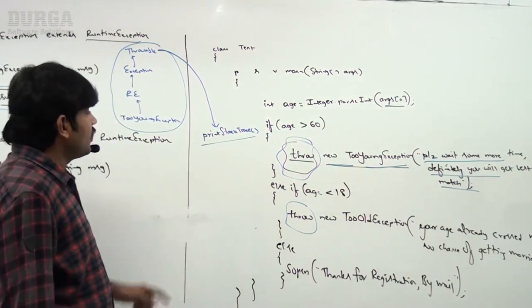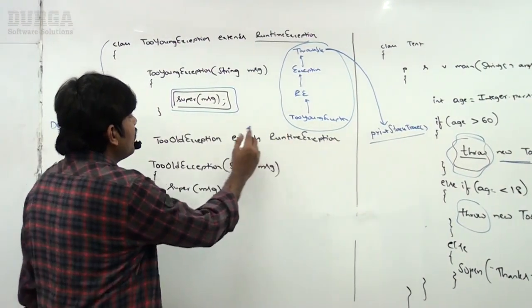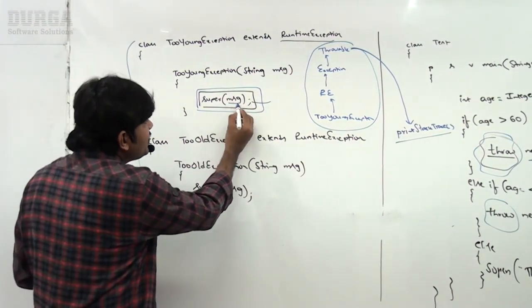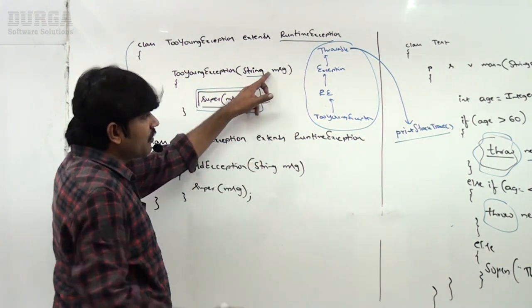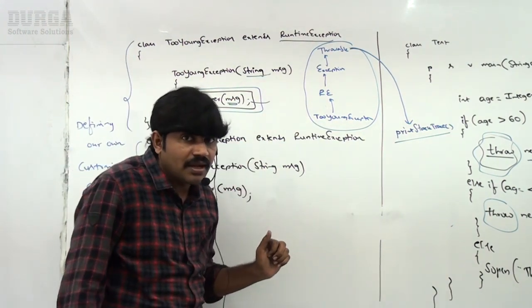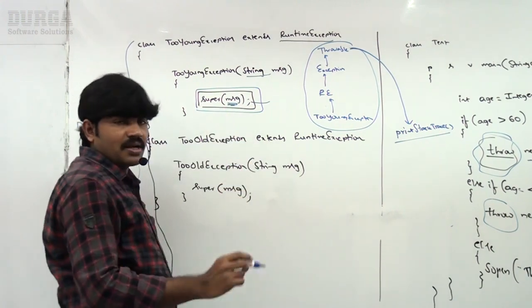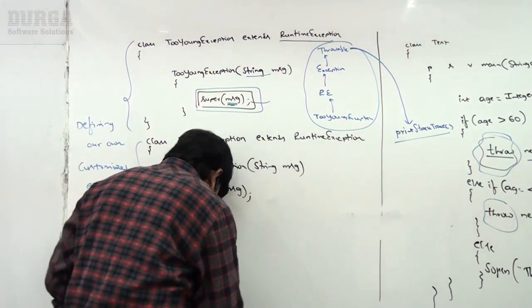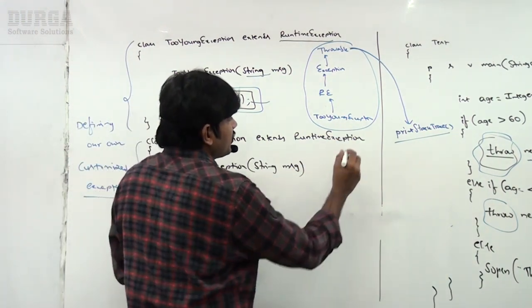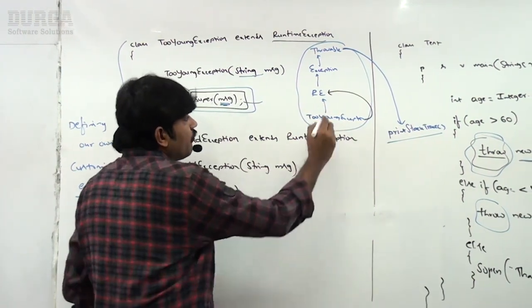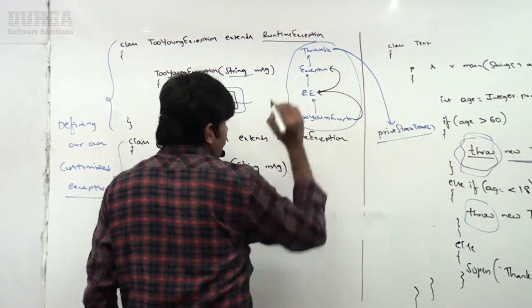Yes, very simple. Here we are using super. Because of super, whatever description we are passing, this message we are passing to the superclass. RuntimeException will pass that message to Exception.